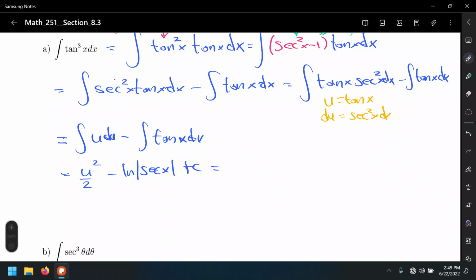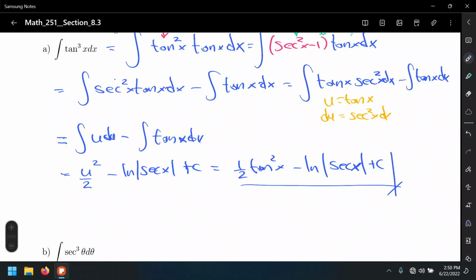But of course, let's go back, substitute for tangent. All right. Questions about this one?